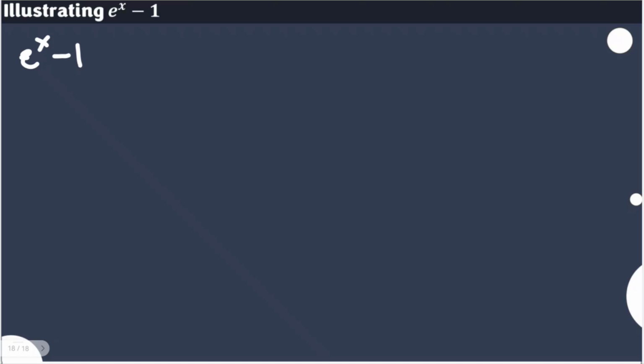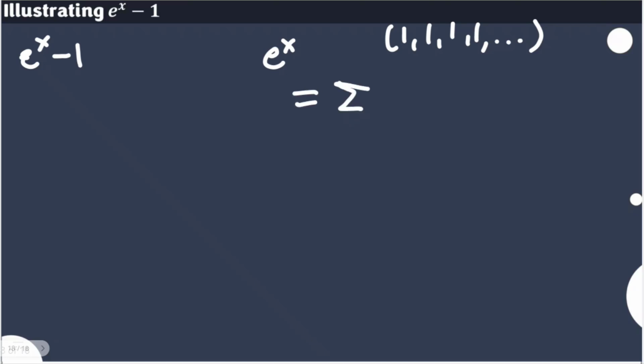We know that e to the x is the exponential generating function for the sequence 1, 1, 1, 1, and so on. This is equal to the summation of x to the power of r over r factorial. Let me rewrite this again.